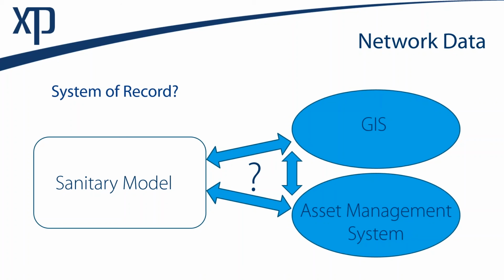Well, it's very important then that we have those commercial tools to swap data back and forth, and the tool I showed you earlier from our software will facilitate bidirectional sharing of data. So as I make changes to the model, I want to be able to very quickly map those changes back to the system of record without having to copy files and go through some manual or bespoke import-export process.